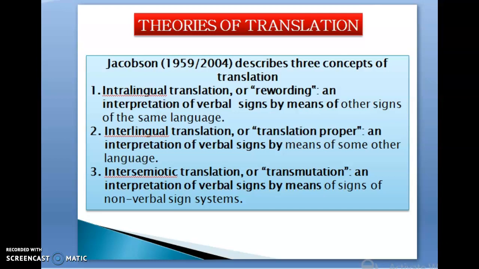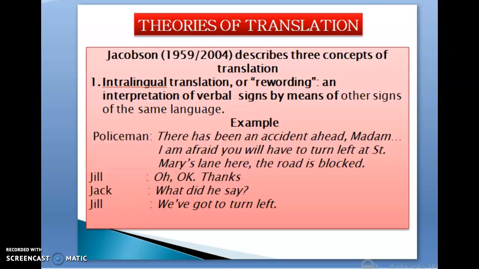The last concept is intersemiotic translation. Intersemiotic translation is called transmutation. Transmutation is an interpretation of verbal signs by means of signs of a non-verbal sign system. Okay, for a better understanding of the 3 concepts of translation above, we can look at examples.